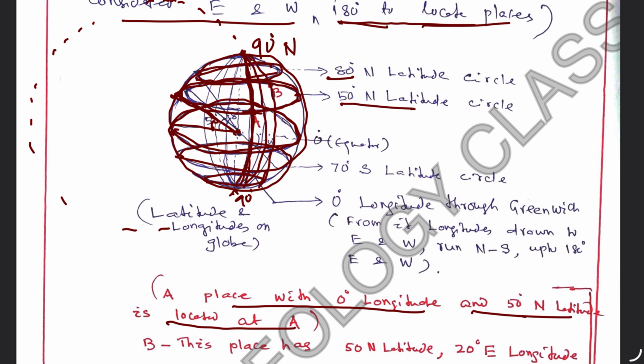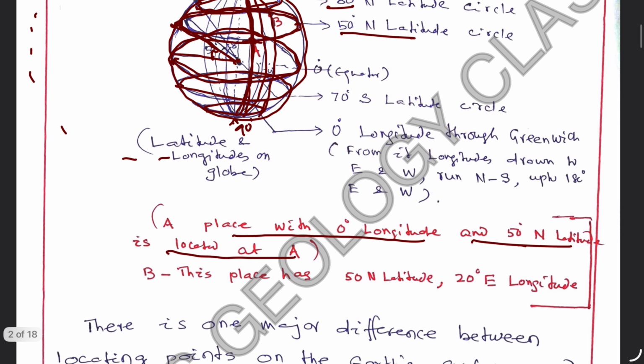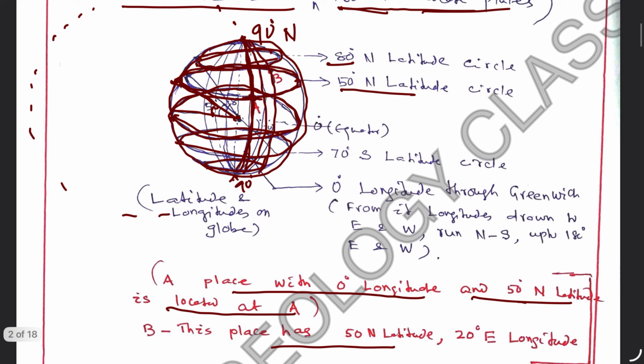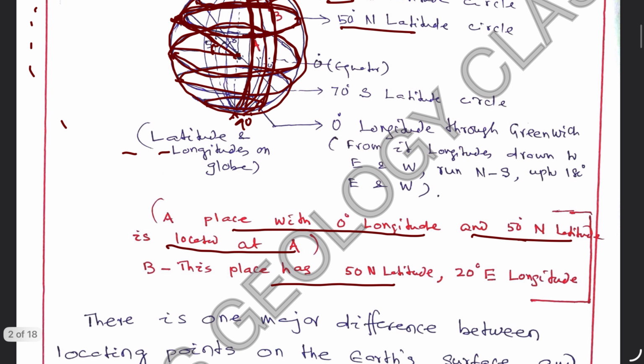So, this is the intersection point A. Similarly, place B has 50 degree north latitude. So, this is the 50 degree north latitude circle, and this longitude is the 20 degree east longitude. So, the point B on the globe has 50 degree north latitude and 20 degree east longitude.